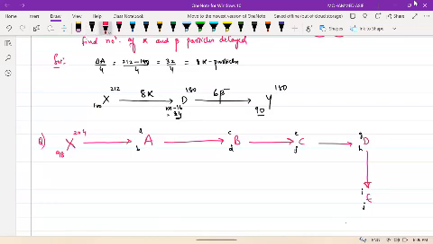My question is, find the values of A, B, C, D, E, F, G, H, I, and J.